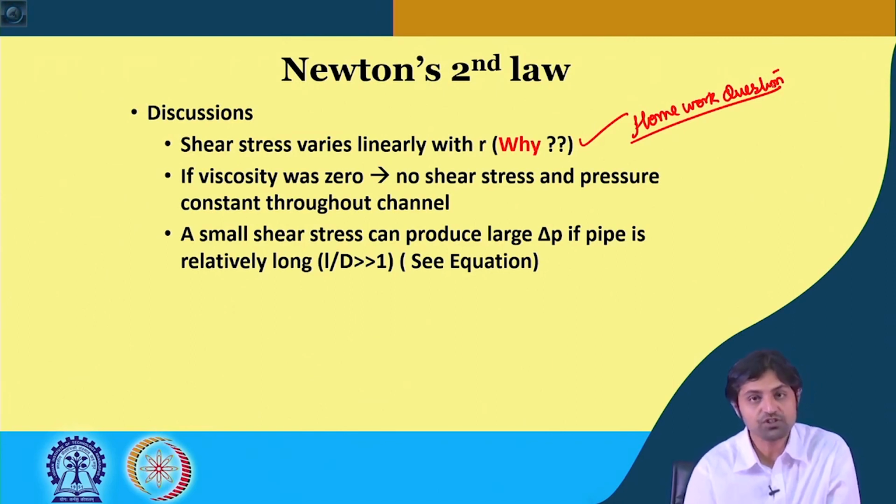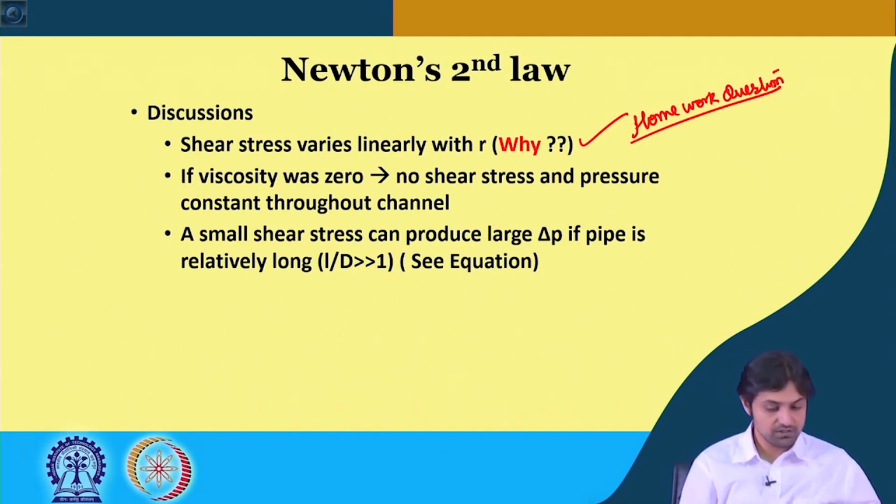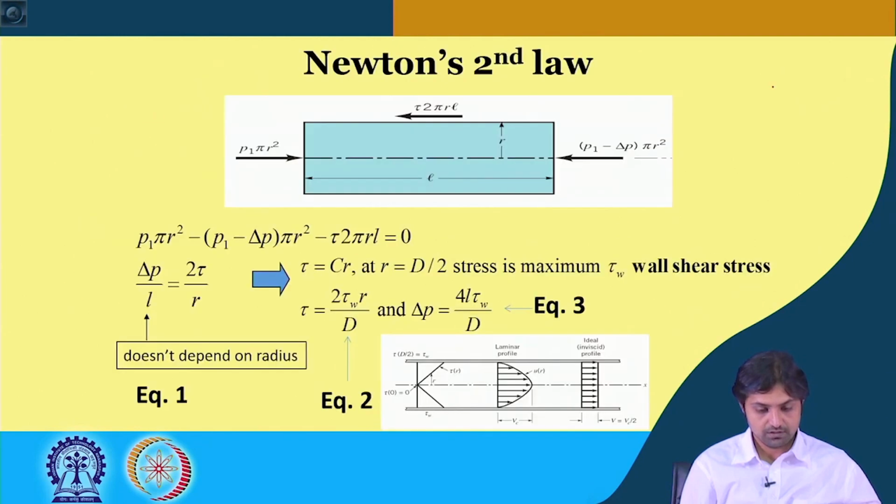Secondly, if there was no viscosity, let's say if it was 0, then there would be no shear stress and pressure would have been constant throughout the channel. That is true, because there would be nothing that would cause the pressure to work. Therefore, a small shear stress, you see this, delta P is 4L tau w by D, right.